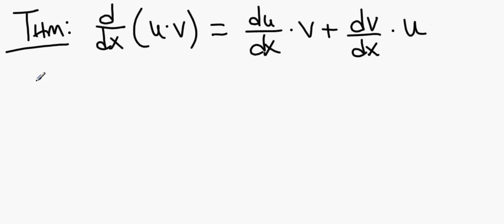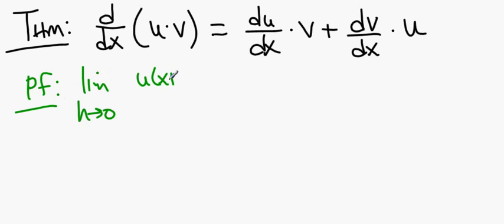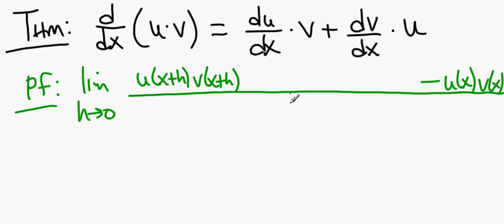Why would that work? Well, let's take the limit as h approaches 0 of our function at x plus h minus our function at x over h. This leads you to ask, hey, why is there this big space in the middle?